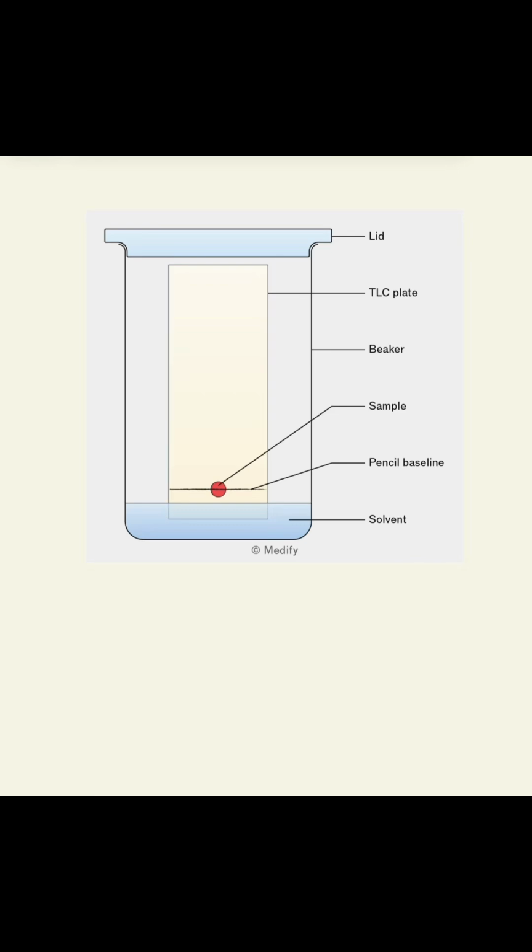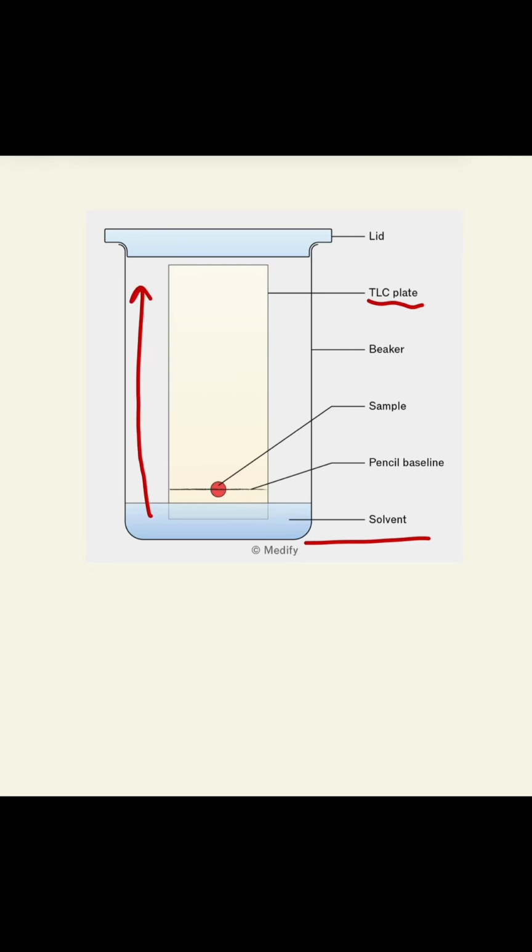For substances, it depends on the strengths of the interaction. Substances that interact strongly with the stationary phase, so the TLC plate, move more slowly. Substances that interact strongly with the mobile phase, or the solvent, will get pulled more along the TLC plate.